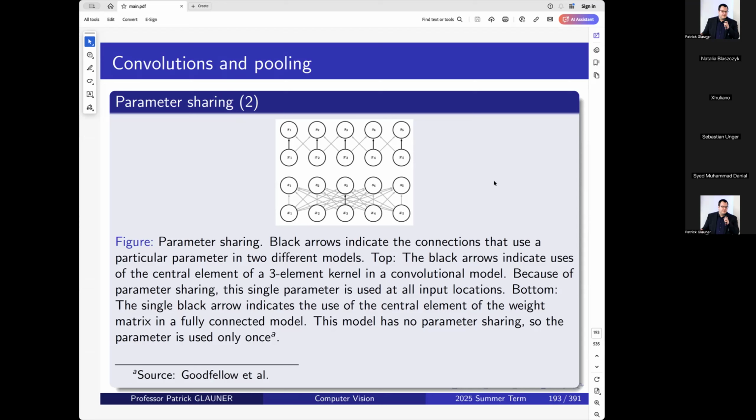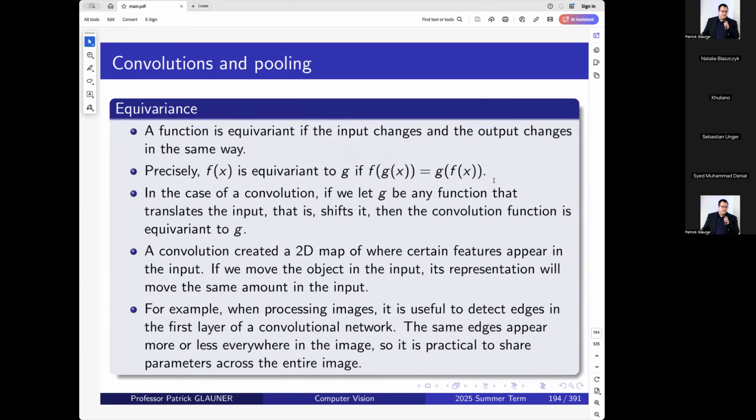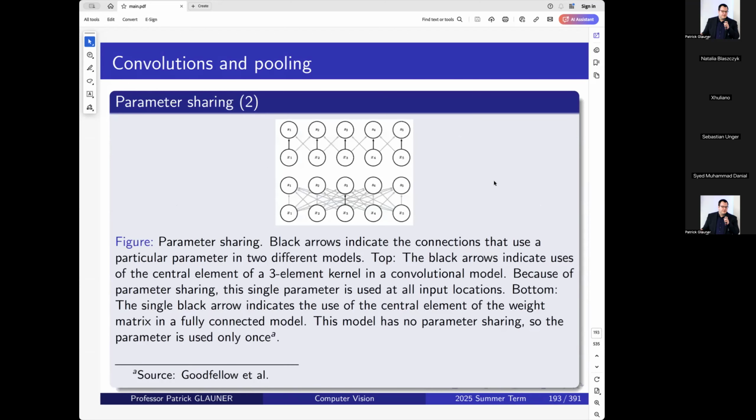So what we are doing is training these convolutions to be feature detectors, but some features may not always appear in the same spot of the image, but in different parts of it. That's why it could be helpful to have the same small feature detector that we can apply all over the image in order to find the features we're trying to look for. With parameter sharing, we're doing exactly that.